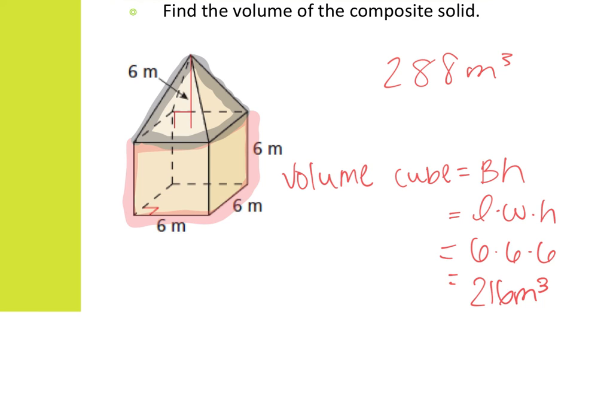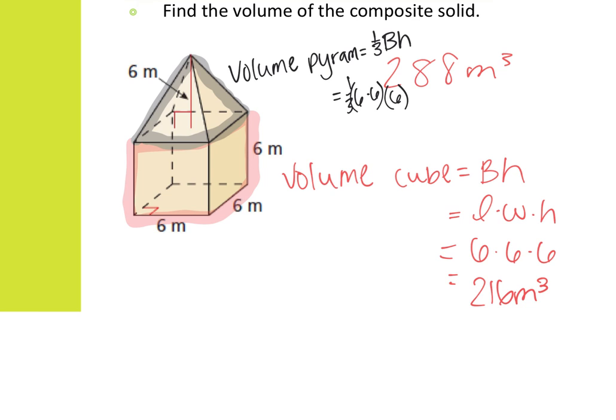What about the volume of the pyramid? Javier? It's 72 meters squared. How'd you get that? So I did 1/3 times BH, and because it's a square pyramid, the B is 6 times 6. Very good. So it's going to be 1/3, 6 times 6 for the base. And then what was the height? 6. 6 as well.